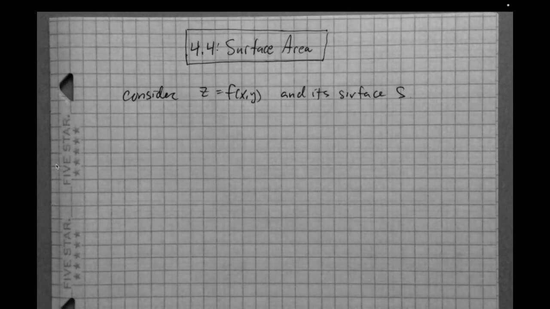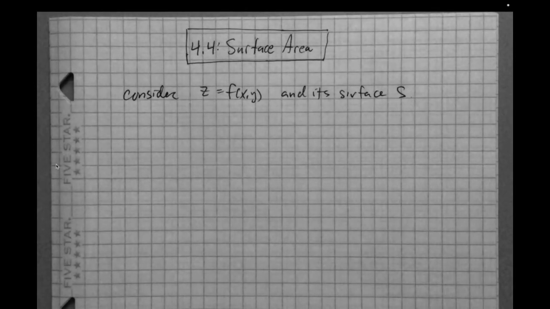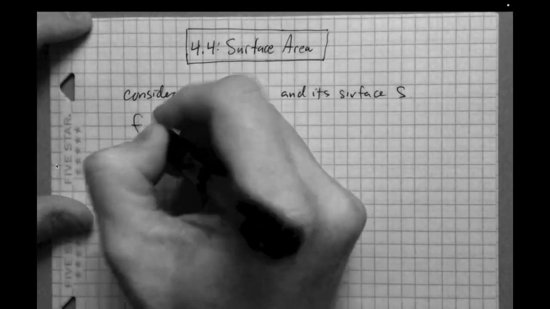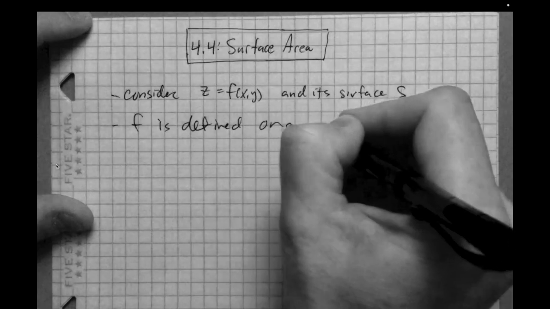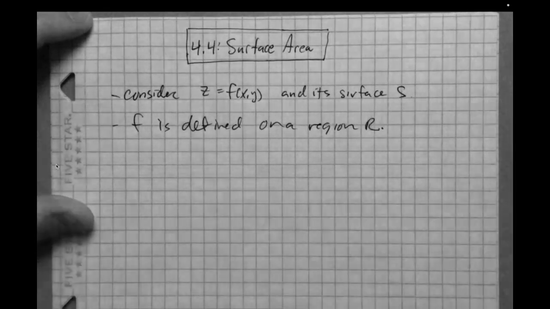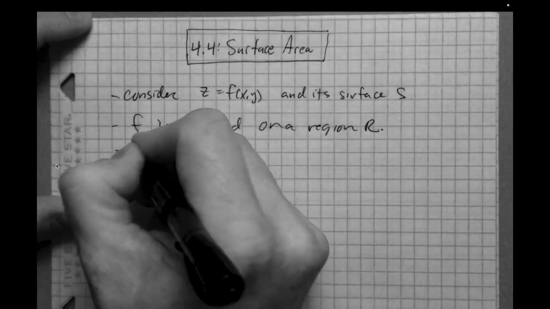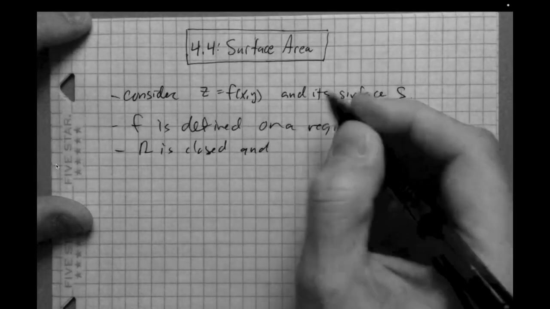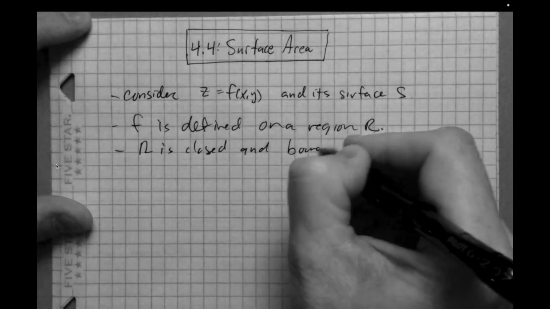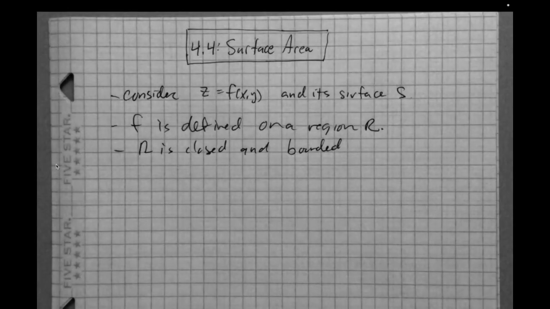Let's assume that f is defined over some region R. We're going to assume that R is closed and bounded. Got to have boundedness for sure here, closed and bounded. And then we also have to assume that f is differentiable, meaning that it has continuous first partial derivatives.